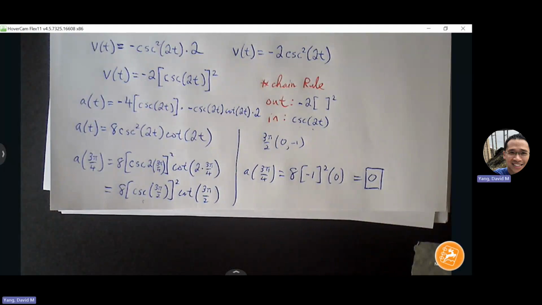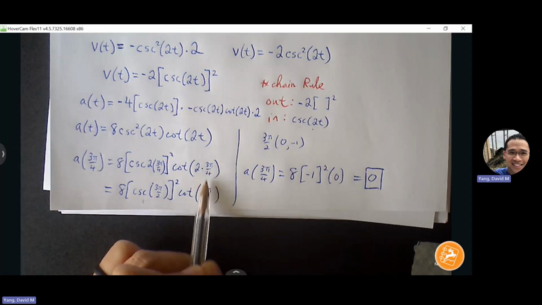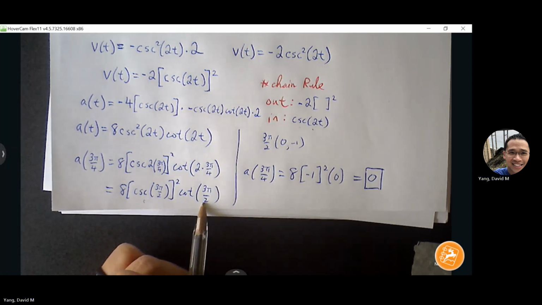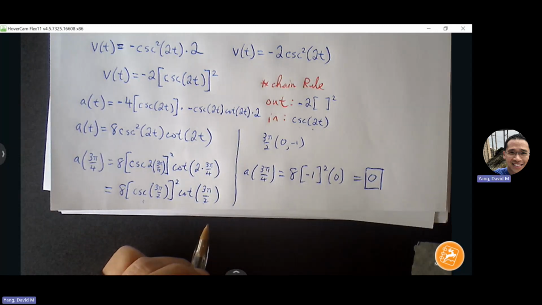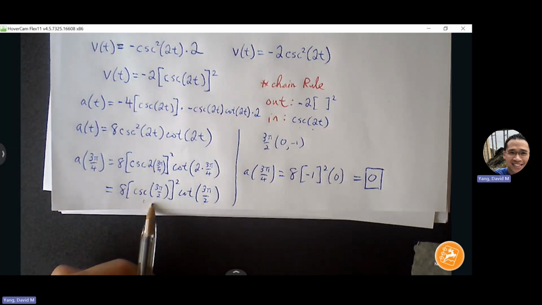How do you get 3π/2 for that? So I got 2 times 3π/4 is 6π over 4. I reduced 6π over 4 to be 3π over 2. Same thing, yeah. 2 times 3 over 4 is 6 over 4, which is 3 over 2.